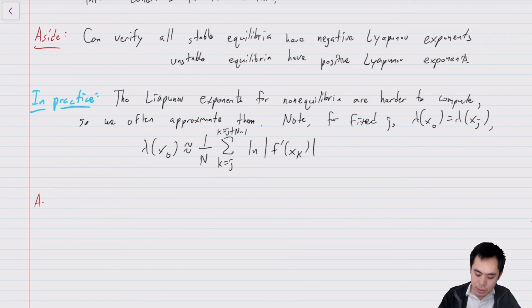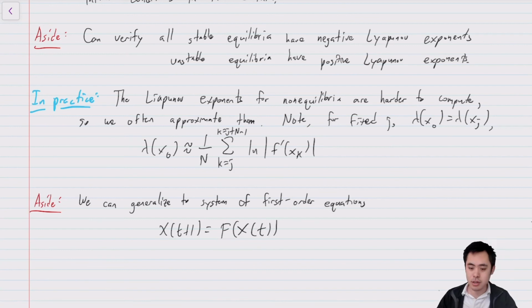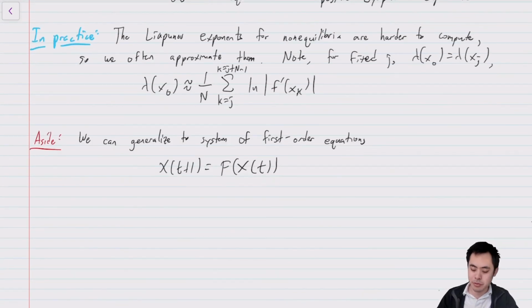And another aside is we've only defined these things for a single first-order equation, but we can also generalize this to a system of first-order equations, x sub t plus 1 equals f of x of t, where these are systems of equations instead, and so these are vectors.